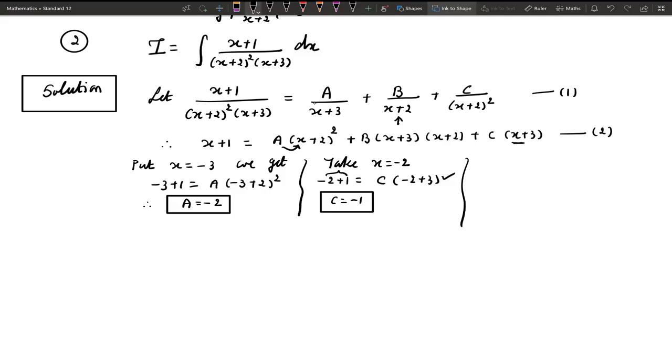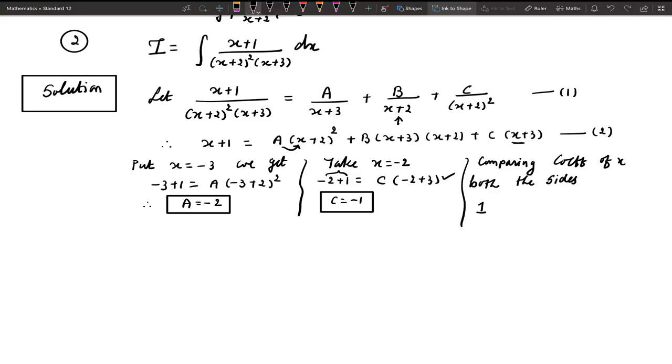So now, comparing the coefficient of x on both sides, or you can also compare the constant term on both sides. On the left hand side, the coefficient of x is 1.